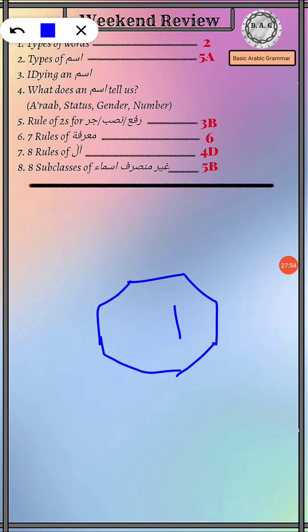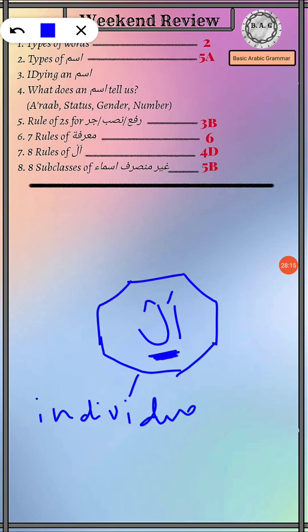The leftover rules include, first of all, we need to know that this article al may refer to either one single individual, or it could refer to the entire species of that individual, of that thing, of that ism.